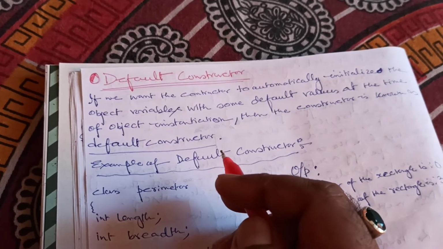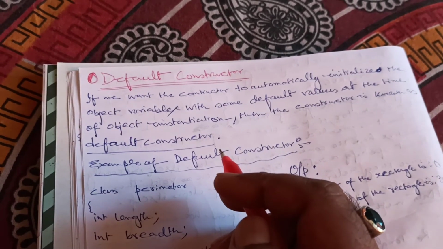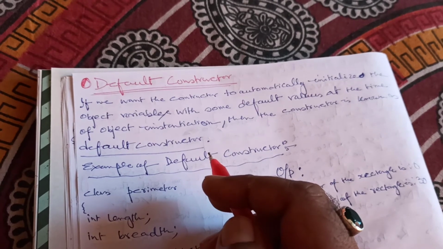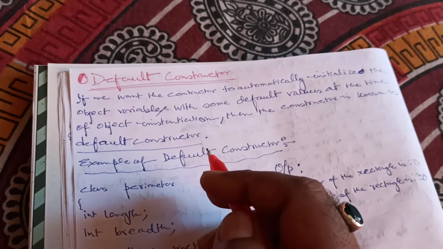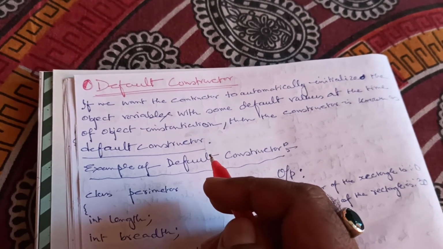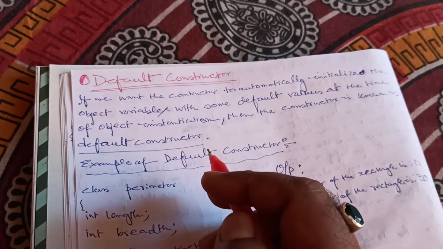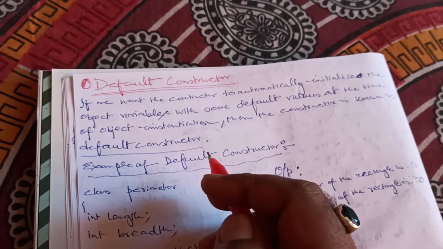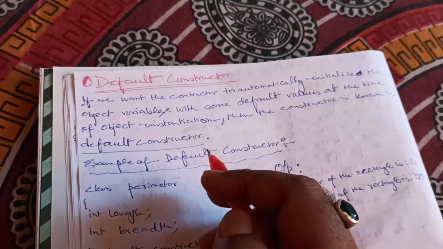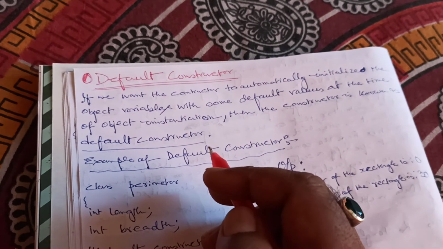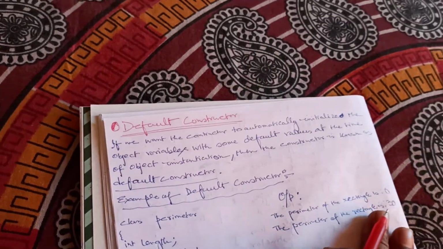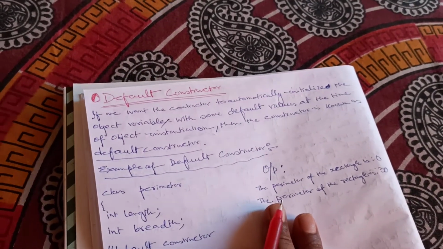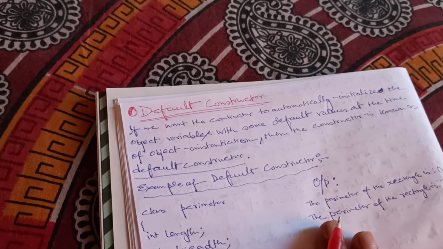It means the object variables are assigned by default with some predefined values. That time the constructor is known as a default constructor.